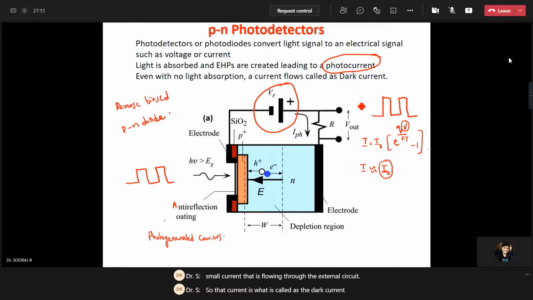The dark current is actually a noise, because ideally we would expect that if no photons are falling on the diode, or on the photoreceiver, you expect no output current. But in practice, you would see that there is a current flowing through. That current is a noise and is called the dark current. It's also called dark current noise or dark noise.